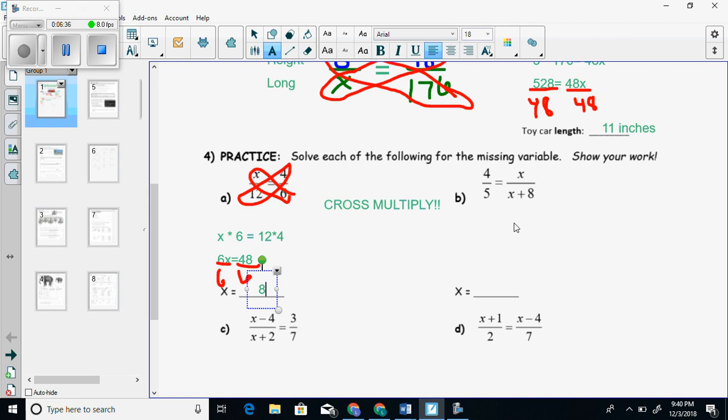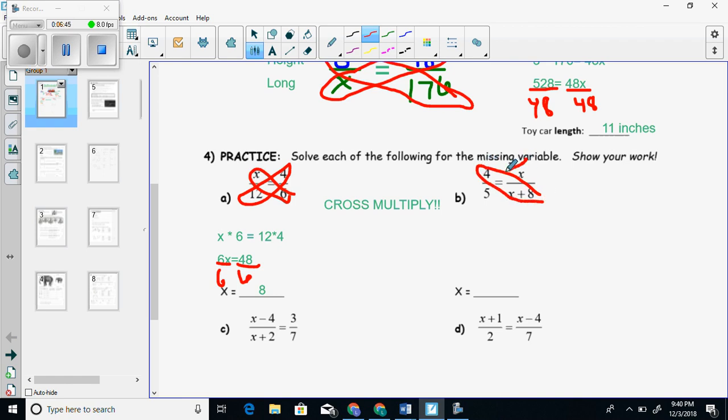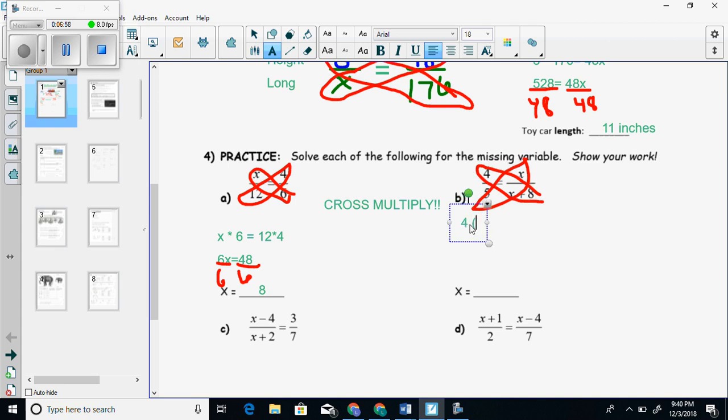Okay. Same thing here. Now it gets a little more complicated when we get to problems like this, where you're now multiplying by more than just two numbers. So now over here, maybe you're going to say, okay, I'm always going to take these numbers and put them over here. So 4 times x plus 8 equals 5 times x. And then I'll put my denominators over here.